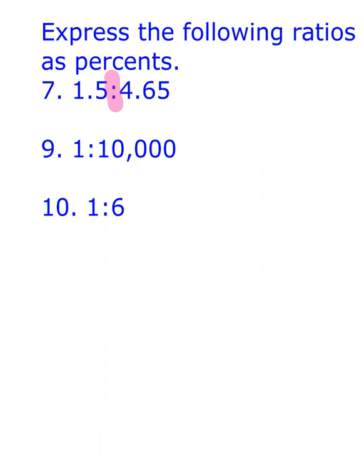So then 1.5 over 4.65. Plug that into the calculator and you get 0.3225.